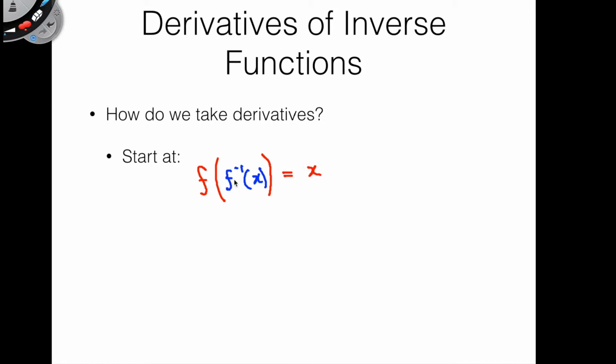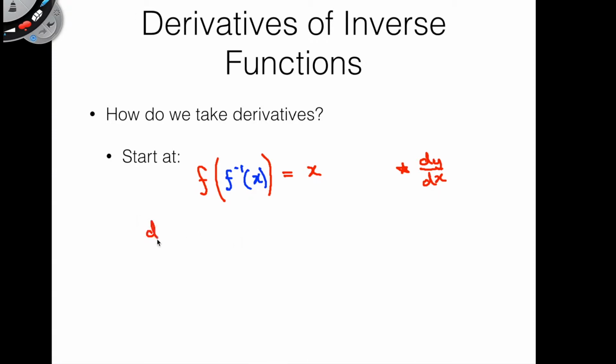And this relationship makes sense because if you plug the inverse function into the regular function, they should sort of cancel each other out and give you that x. So now that we have this relationship to work with, we can go ahead and take a derivative of both sides of this equation. And then once we've taken a derivative, we can get a formula for the derivative of the inverse function, which is something we can work with.